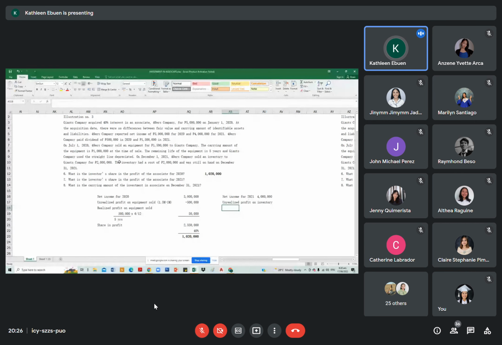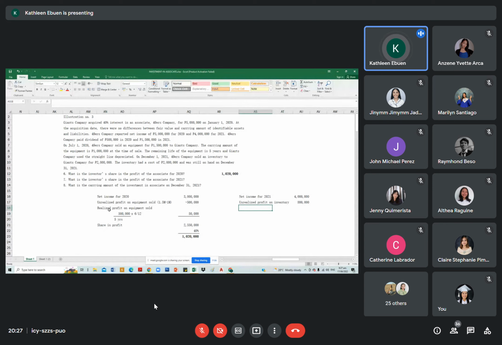So, unrealized profit on inventory lang. The inventory had a cost of 2 million and was still on hand on December 31. So, magkano yon? We have 2,800,000 less the 2 million. Sinama kasi yan, no, sa net income. So, bawas natin yung 800,000. Okay. So, wala tayong realized profit sa inventory kasi nga, nasa on hand pa. On hand pa din ni 49ers.